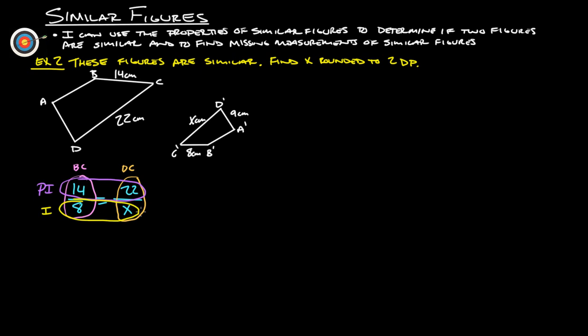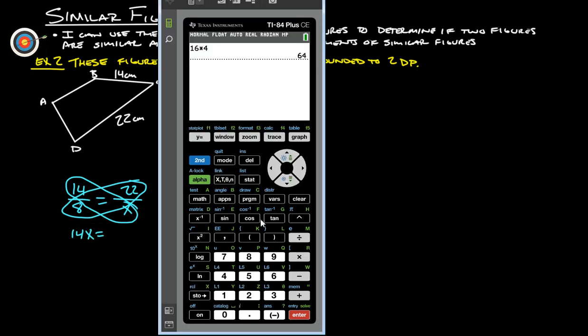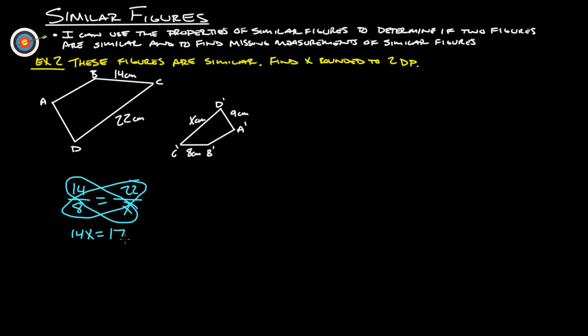Okay, so I'm going to undo all that and go back so that we can do our cross multiply. Okay, so with these here, we got 8 times 22 is going to equal 14 times x. So we got 14x equals, let's see, 8 times 22 gives us 176, right?